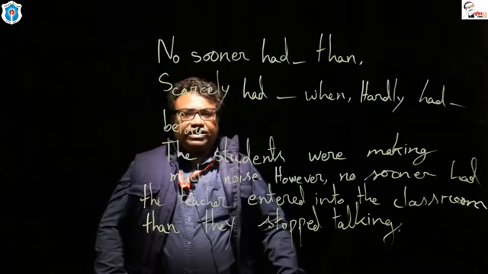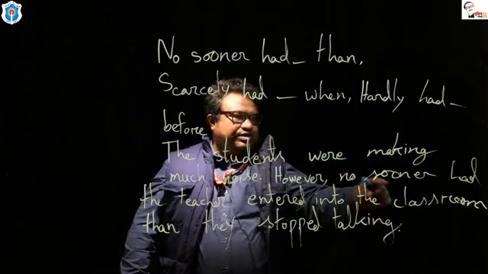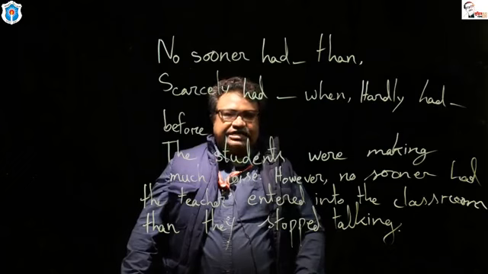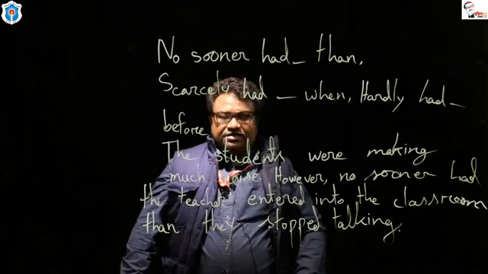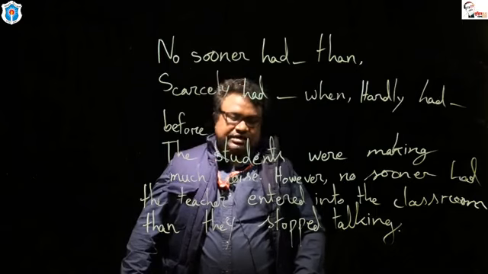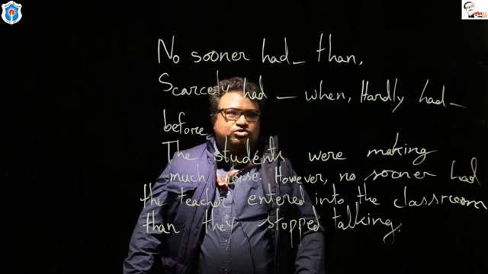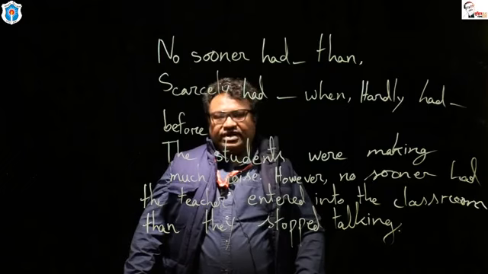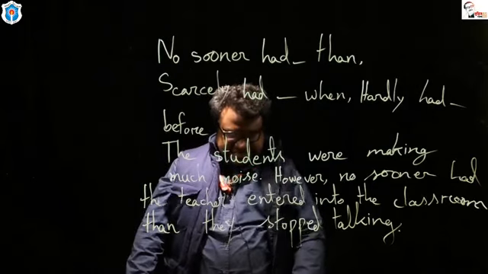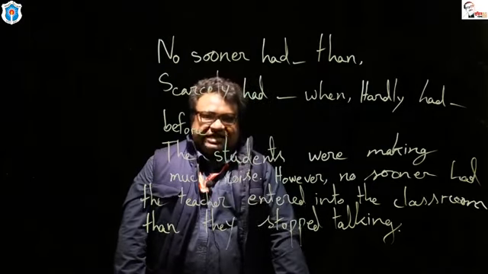The structure will remain the same if, instead of no sooner, we use hardly. Hardly had the teacher entered into the classroom before they stopped talking. So in all these three cases, no sooner had then, scarcely had when, hardly had before, the structure will remain the same. Basically, this is a structure related to past perfect tense.